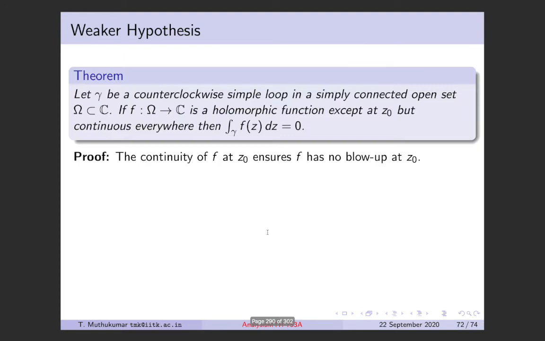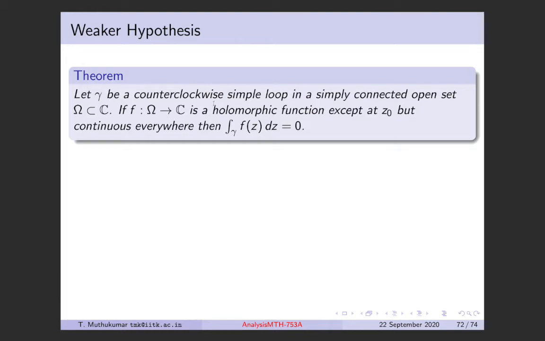Okay. So now there's another statement where gamma is a loop. Here again we are relaxing another condition. So omega is now a simply connected open set, and gamma is a loop, counterclockwise oriented in omega, and f is a function on omega, but now it's holomorphic except at a point z0.